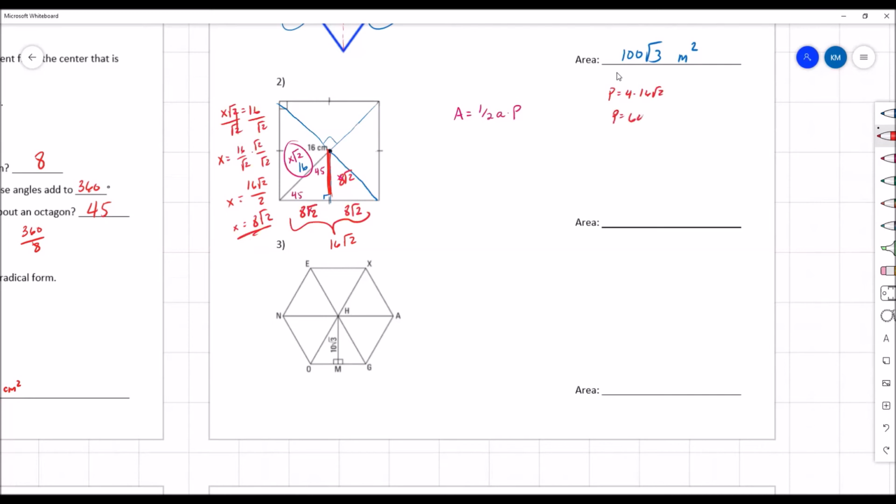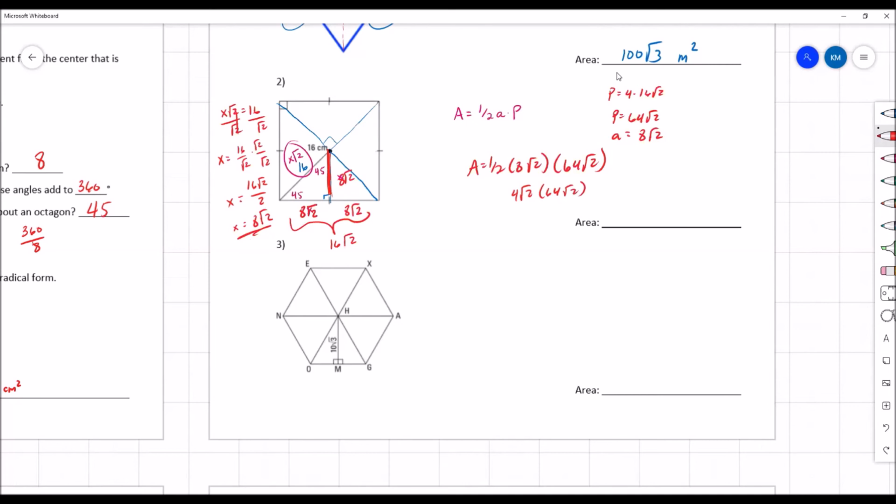That's our perimeter. We already found that our apothem was 8 radical 2. And so we can plug that into our formula. Area equals 1/2 the apothem times the perimeter.